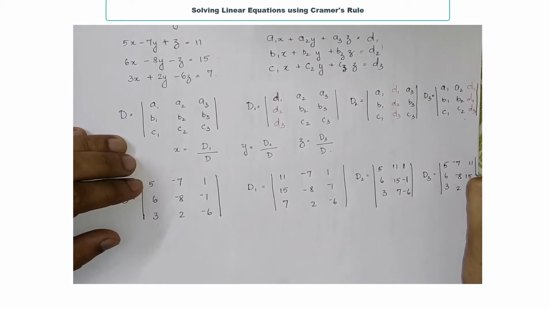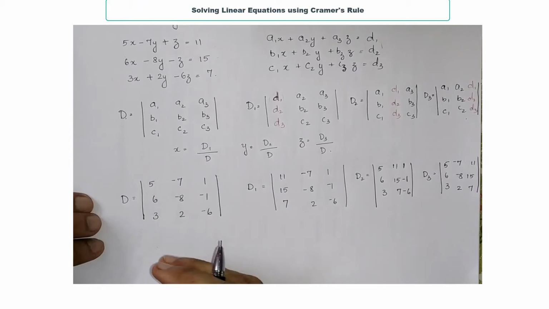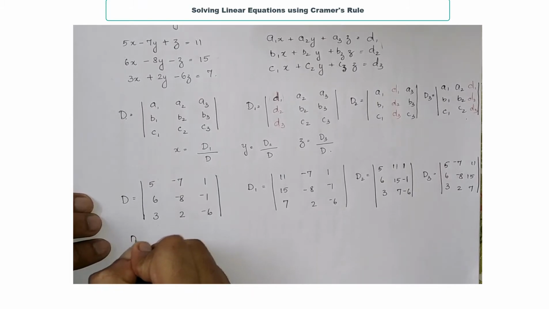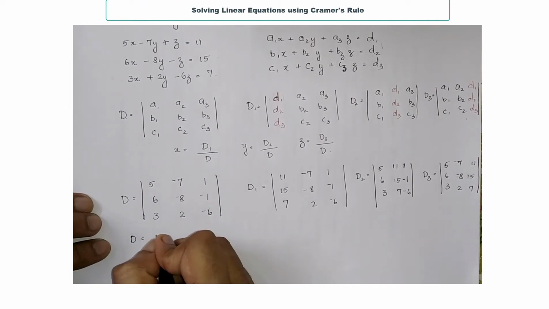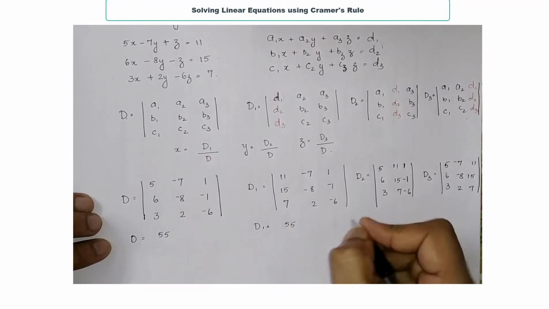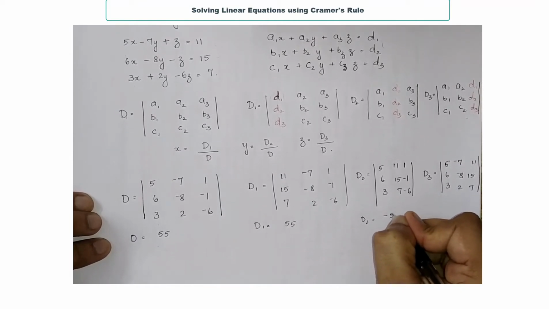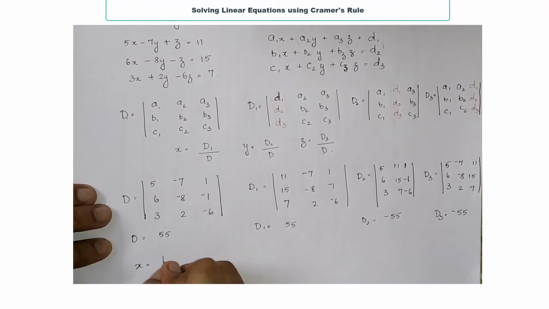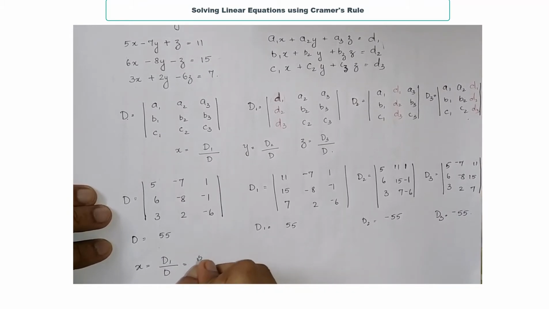Now I hope you know from my previous classes how to solve a determinant. When you solve these, you get D as 55, D1 as 55, D2 as minus 55 and D3 as minus 55. So what is x? x is equal to D1 by D, which is 55 by 55, equal to 1.